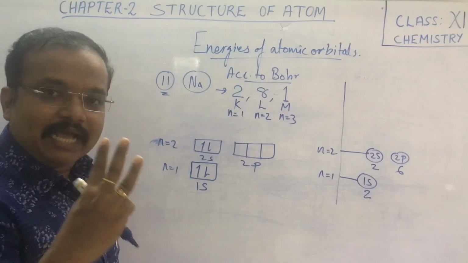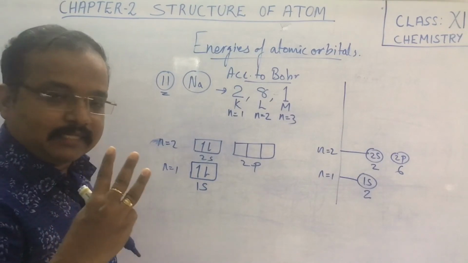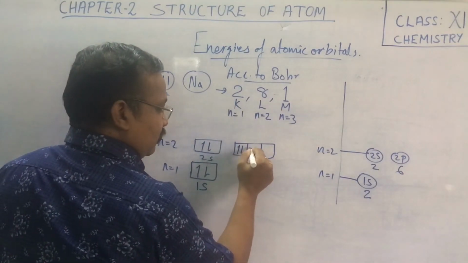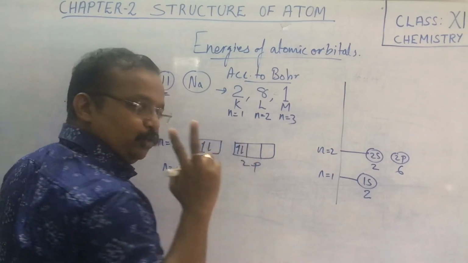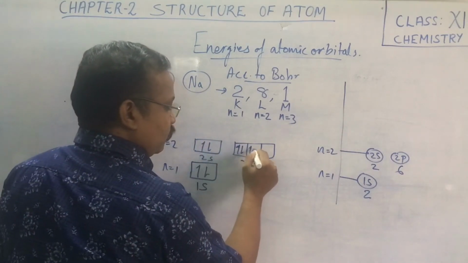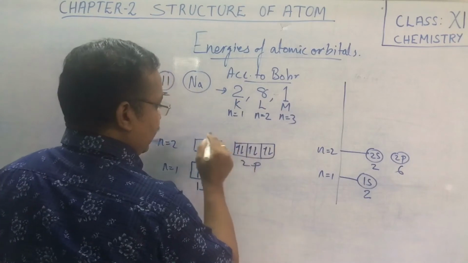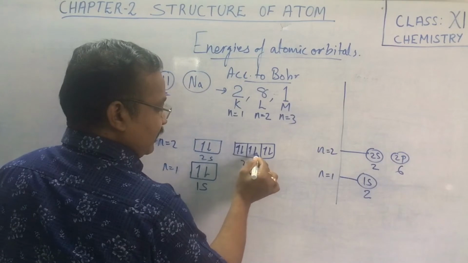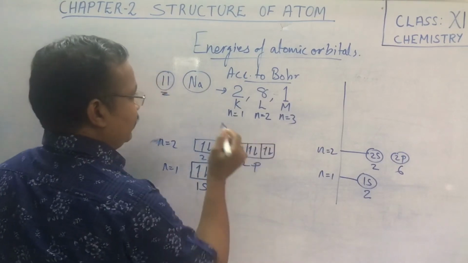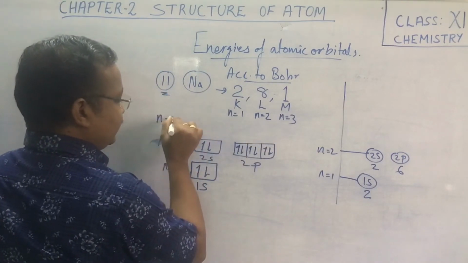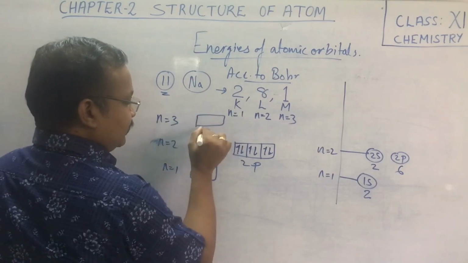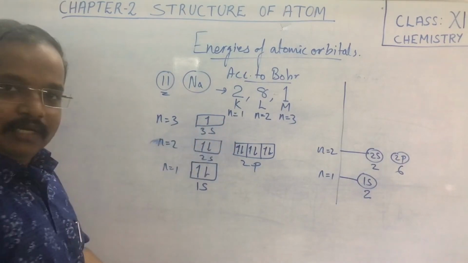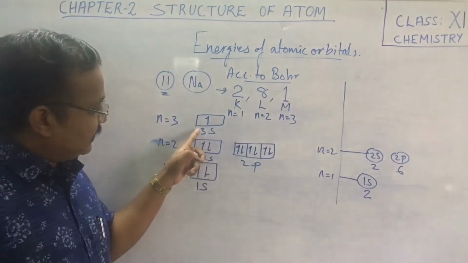There are 3 p orbitals, okay, px, py and pz, in which 1 will go in and 2 will go in 1 orbital with the opposite spin, okay, and now we have 1, 2, 3, 4, 5, 6, 7, 8, 9, 10 completed. Now the 11th will go into n equal to 3, where we have the 3s orbital, that is 1 electron will go into the next energy level, that is 3s.